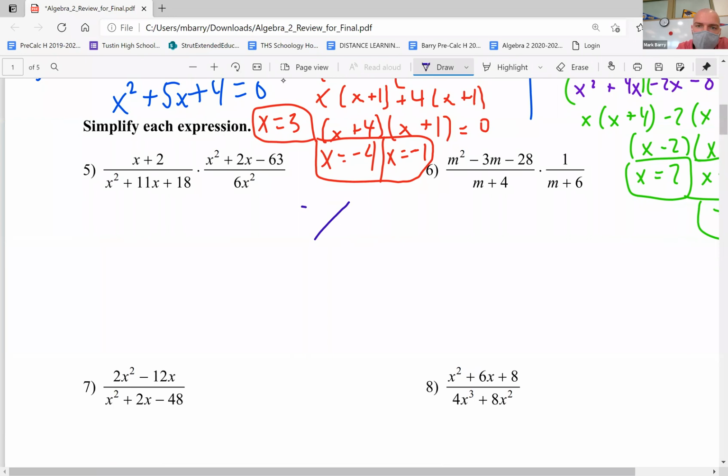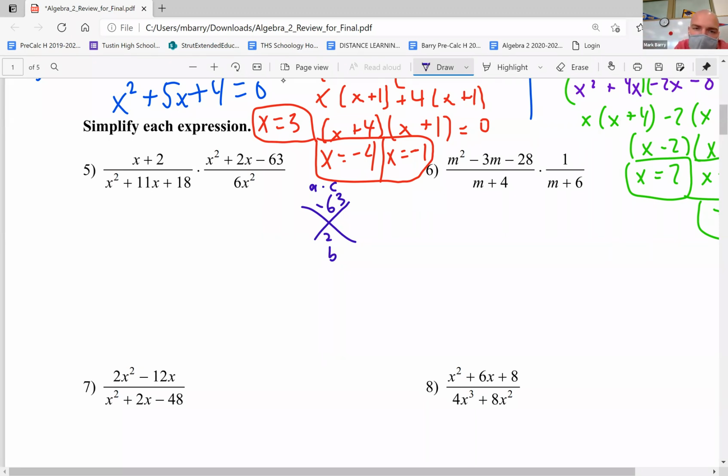For that one, we're going to do a times c up top. So that's going to be -63. B on bottom is going to be 2. So we need to think of two numbers that multiply to -63 and add to 2.